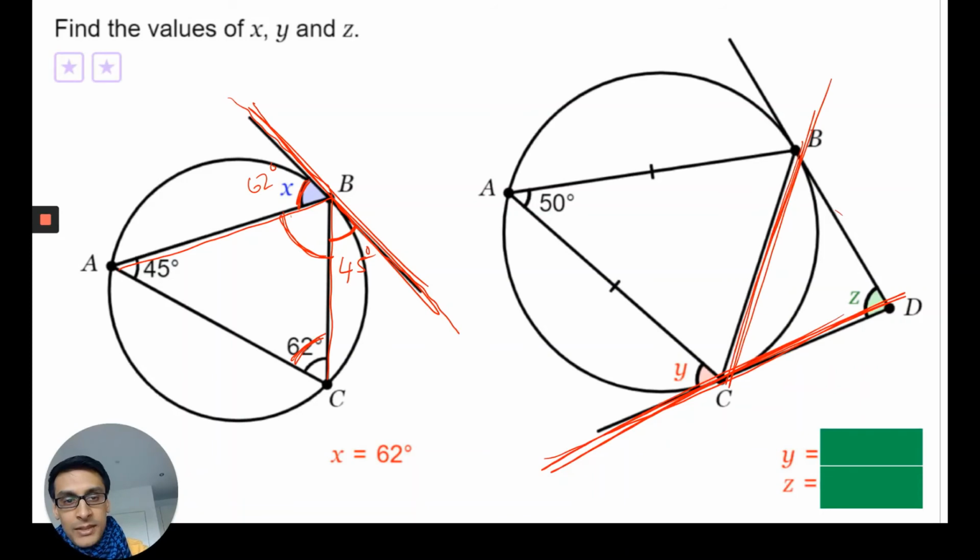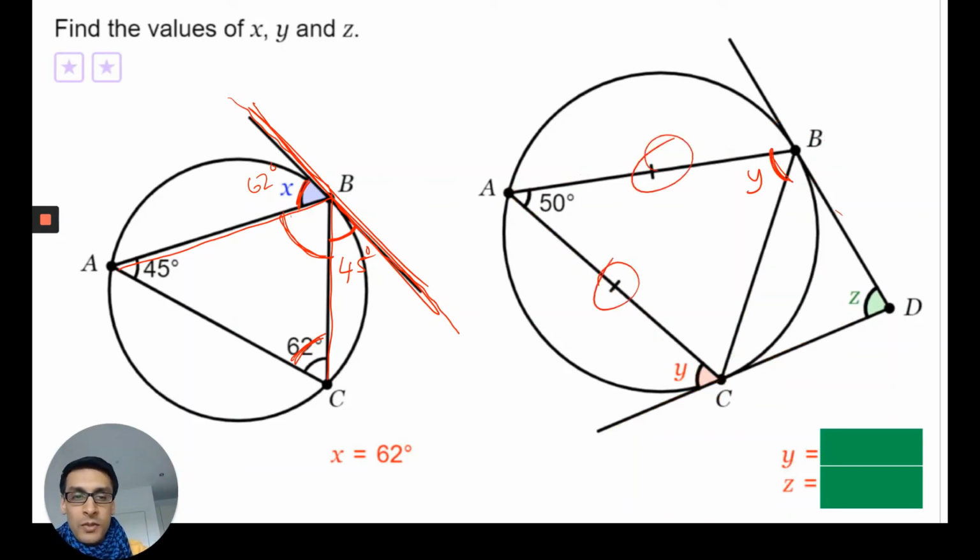That means that this angle here is going to equal that angle there. That's going to be y. We can also say that this triangle is isosceles, because it's given to us through those two dashes. So that means that this angle here must also be y.